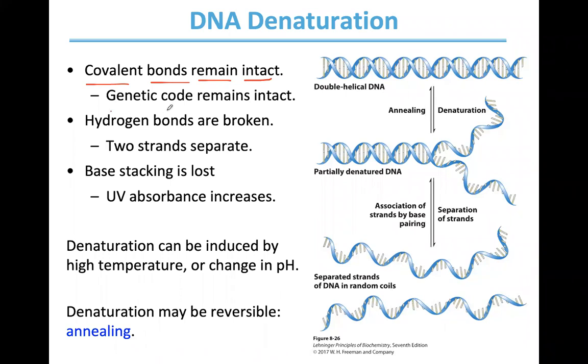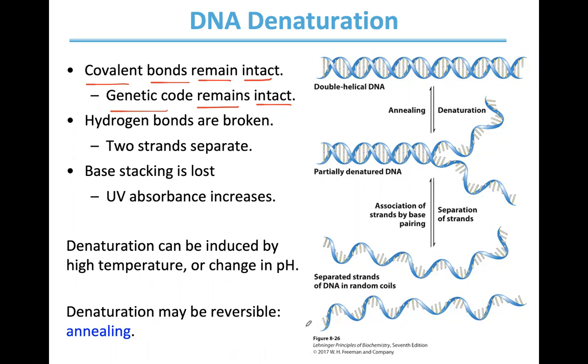And so the genetic code will remain intact. There is no ground to be worried. But the hydrogen bonds will break, and the two strands will separate. So the DNA will denature. So this is partially denatured DNA. You continue heating that, and you can separate the two strands fully apart.